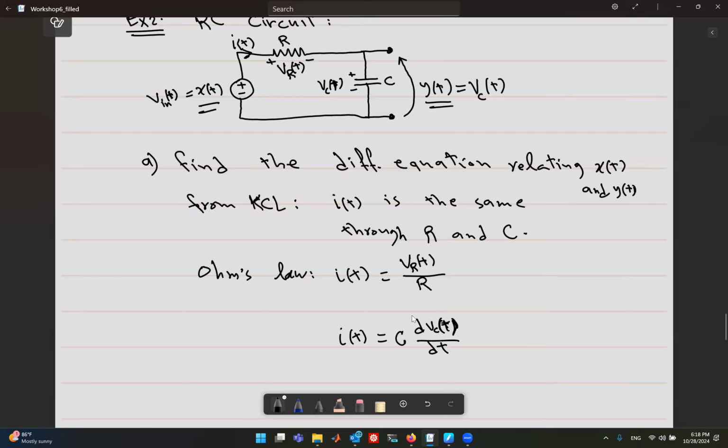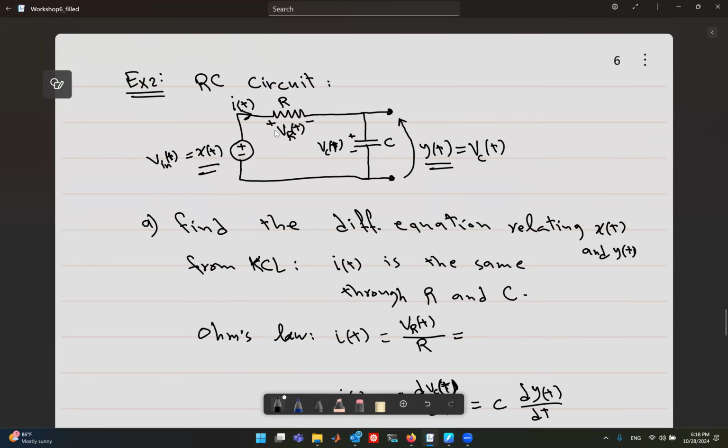Now we have those two equations. VC(t) is the same as y(t), so we can write this as C dy(t)/dt. And this one can be also rewritten because the voltage across the resistor is just the voltage at this point minus the voltage at this point.